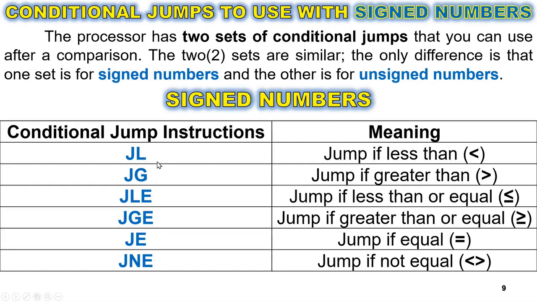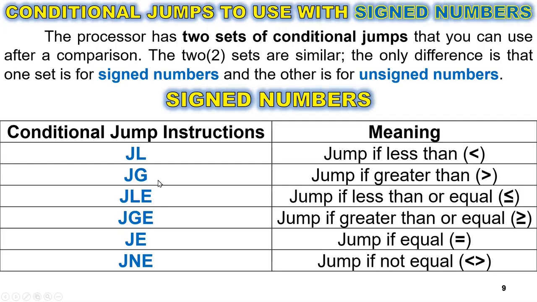One is JL, which is a conditional jump. The meaning is that if the condition is satisfied, it will jump to the particular label assigned if the comparison is less than.